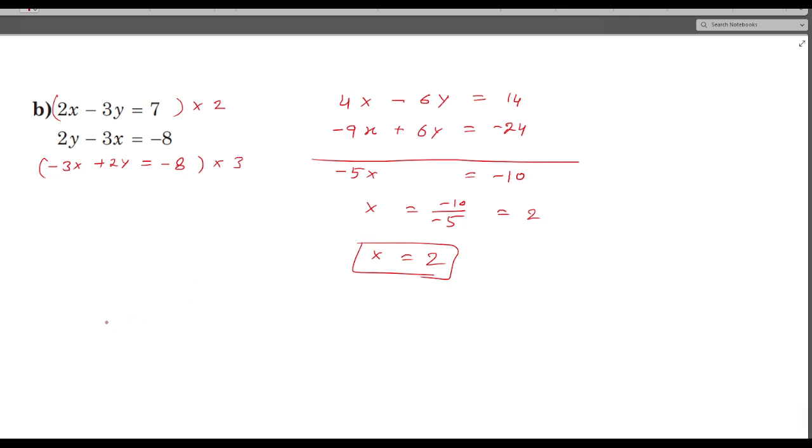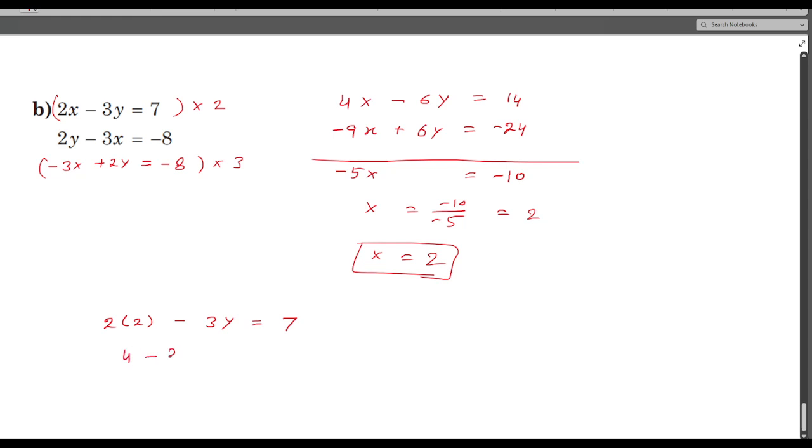So 2 times x, now x is 2, minus 3 times y is giving me 7. 2 times 2 is 4. So 4 minus 3y is equal to 7. Therefore, 4 minus 7 is equal to 3y.